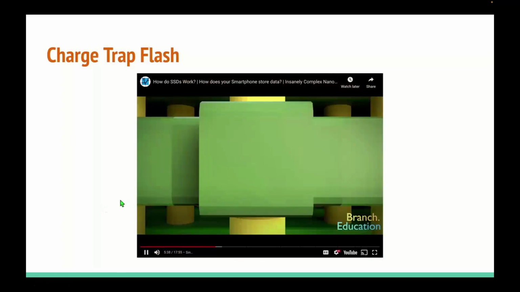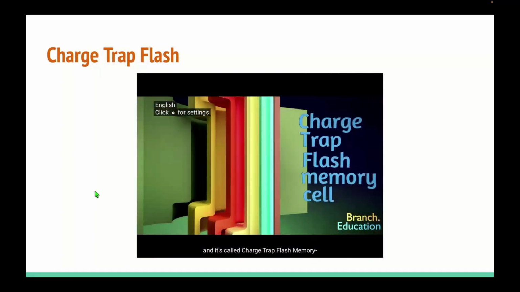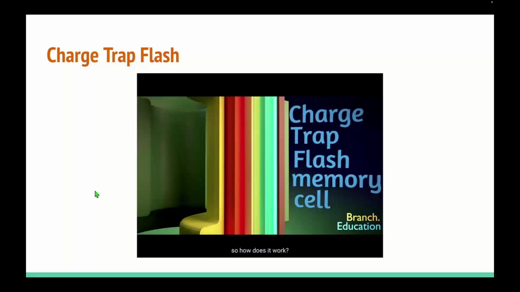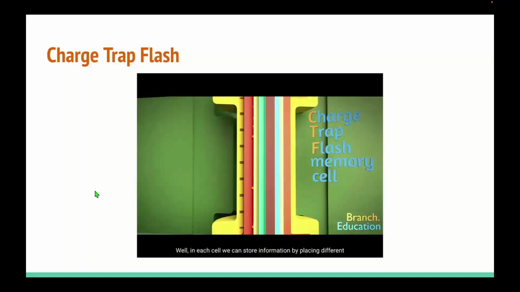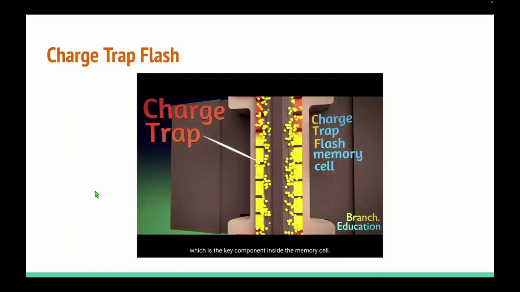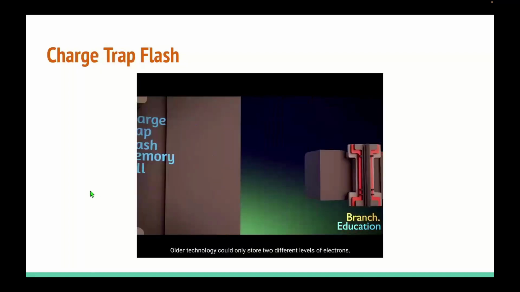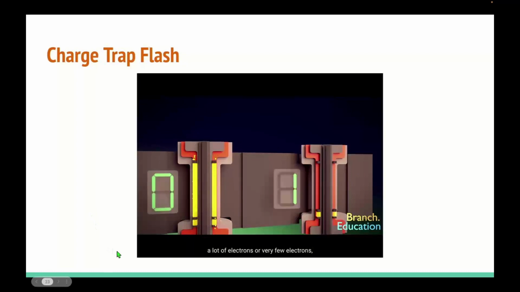This is the basic unit of a computer's long-term memory storage, and it's called charge trap flash memory. So, how does it work? Well, in each cell, we can store information by placing different levels of electrons onto a charge trap, which is the key component inside the memory cell. Older technology could only store 2 different levels of electrons. A lot of electrons or very few electrons, which were used to store a single bit as a 1 or 0.